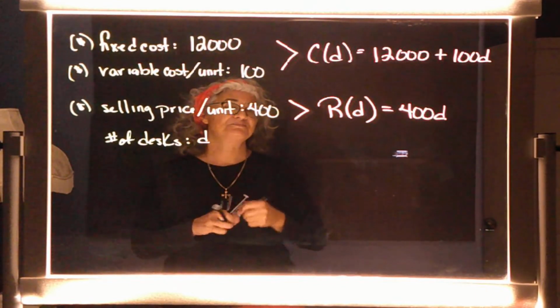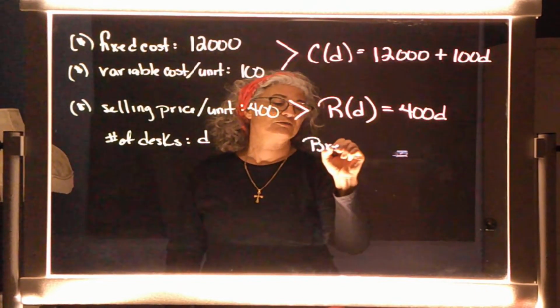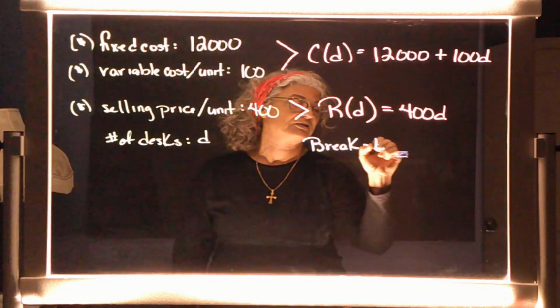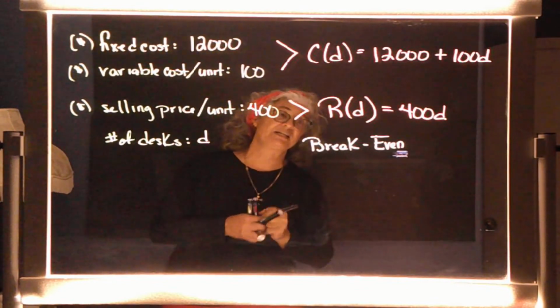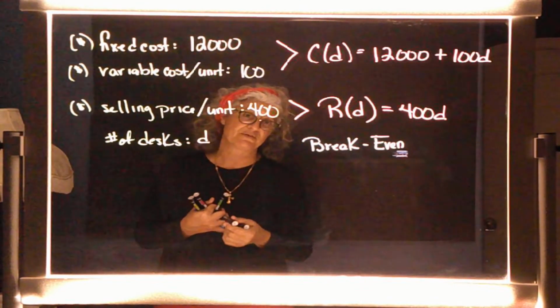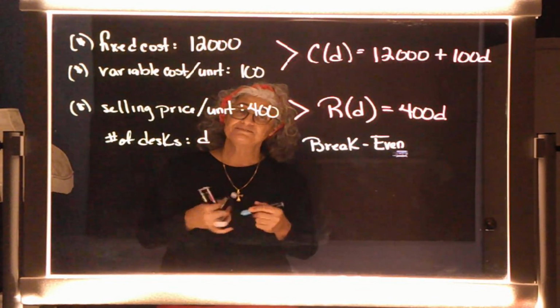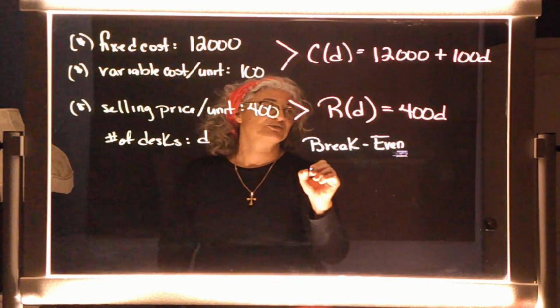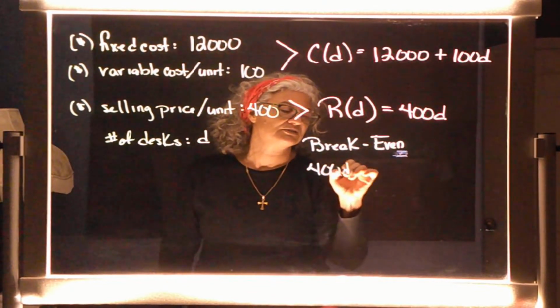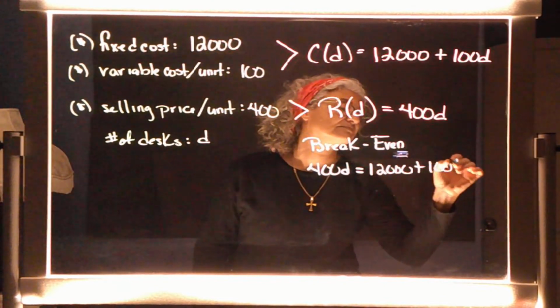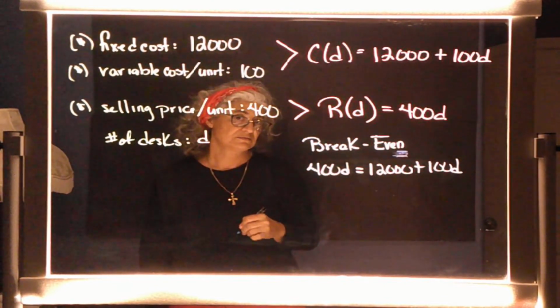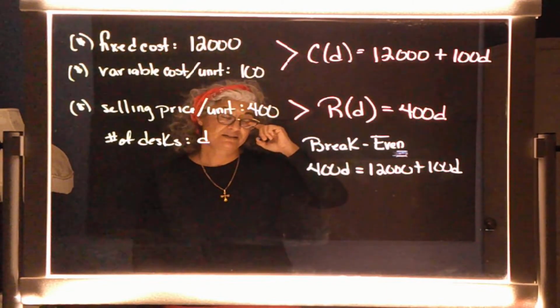And now I want to break even. This company wants to break even. How many desks would they need to sell to break even based upon this cost and this revenue function? So, that's right. This is where the revenue equals the cost. Cool? Okay.